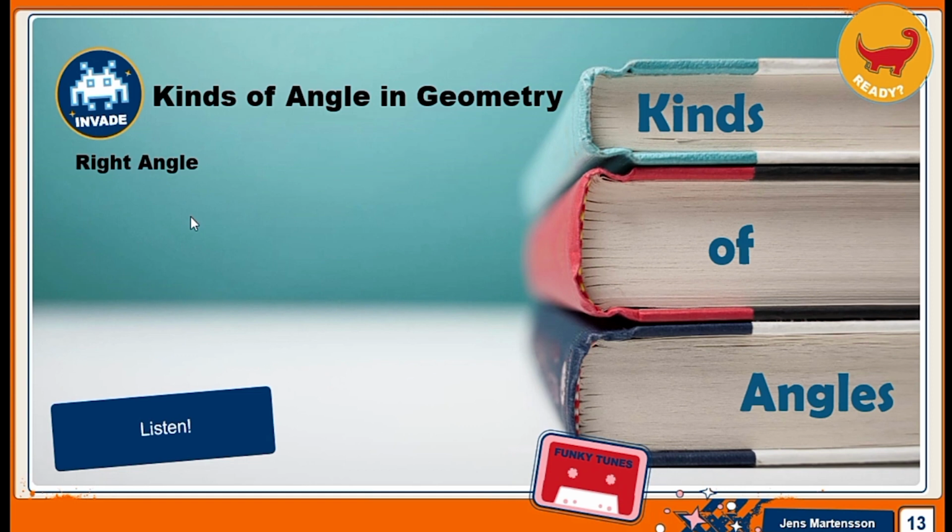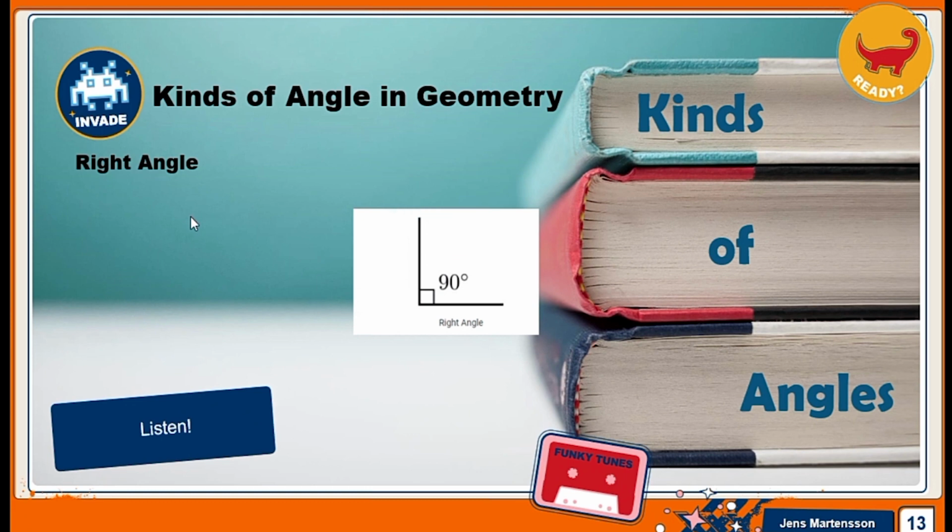Right angle. I know all of you have an idea or maybe know what a right angle is. But if you don't know what a right angle is, here is the illustration. That is the right angle. It forms a straight line.